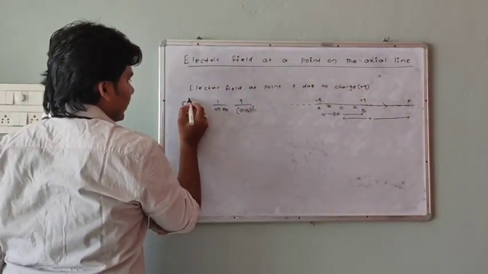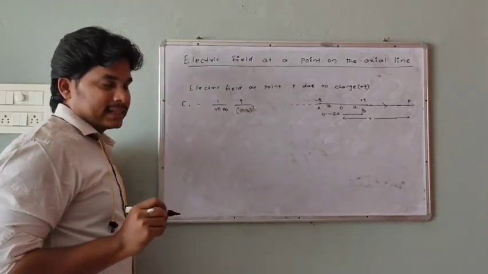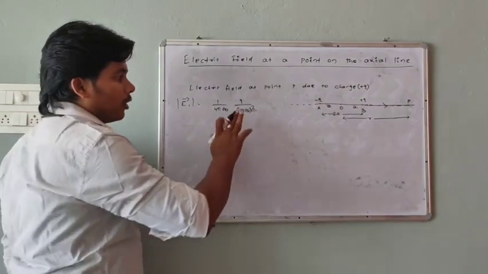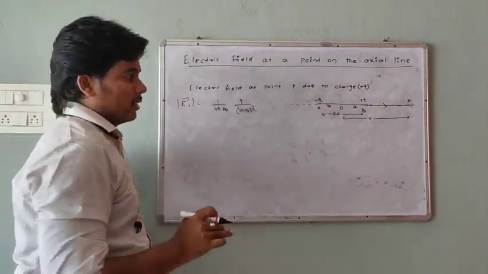If I put this in vector sign, I would mention the direction. I am only mentioning the magnitude now, that's why I am not representing any direction here.